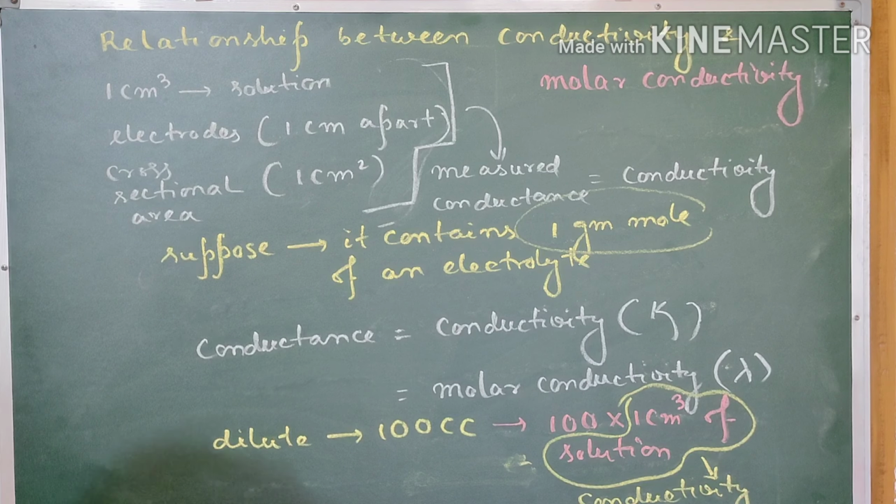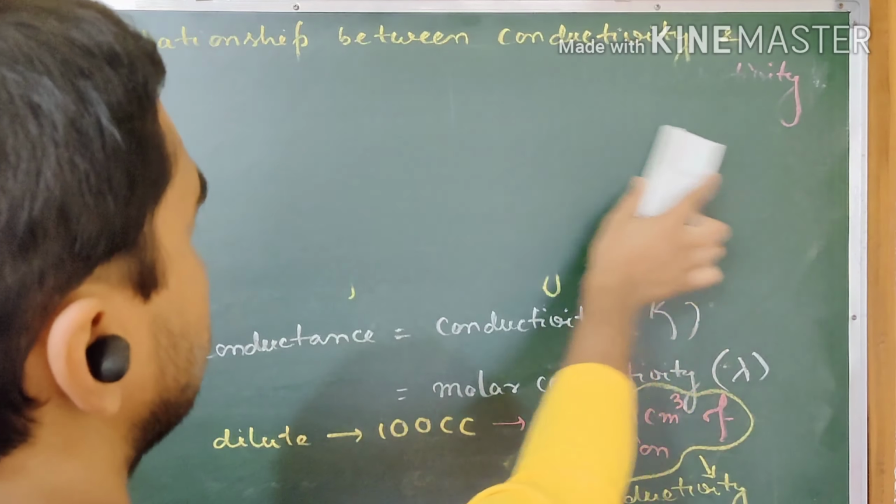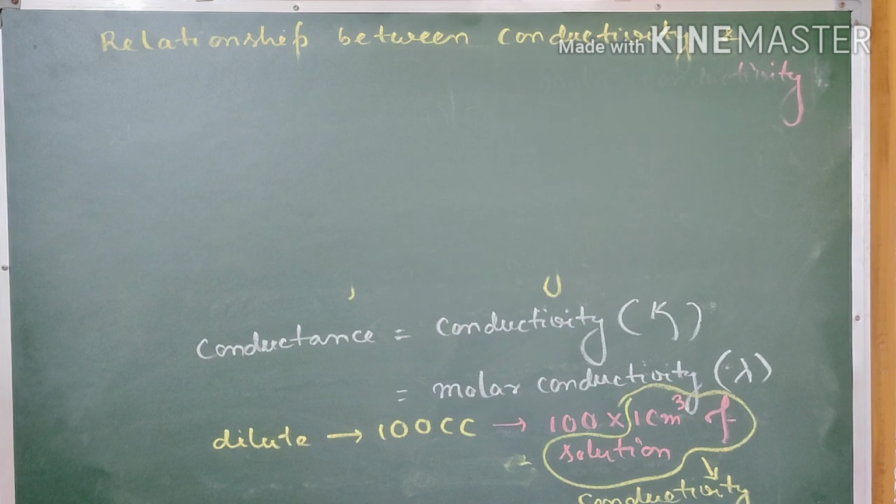As a result, what we should write is that if it contains 1 gram mole of an electrolyte, and the solution is diluted to 100 cc, there are now 100 cubes of solution.